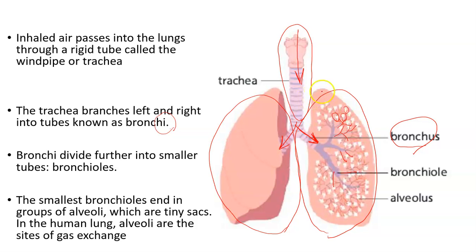So once again, the trachea ends up with two bronchi, and each bronchus divides into bronchioles. Each bronchiole ends up with tiny sacs called alveoli, and one of them is an alveolus.